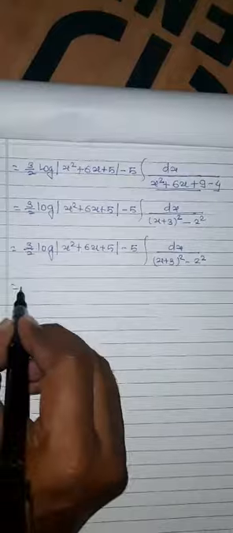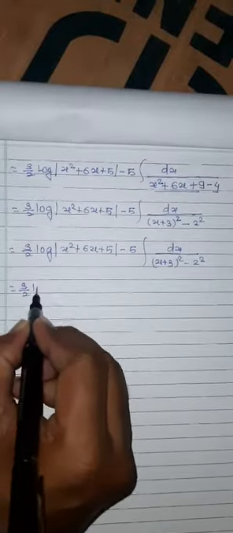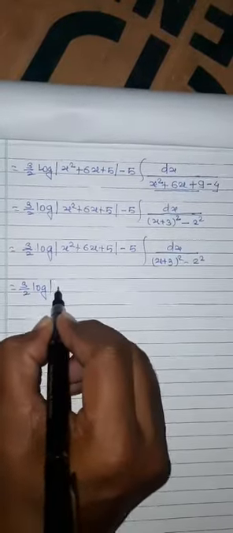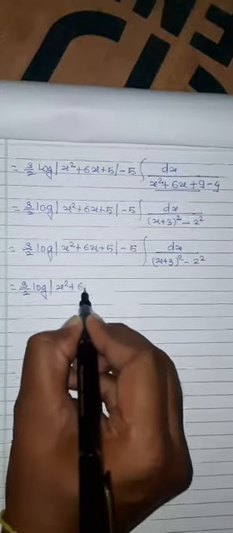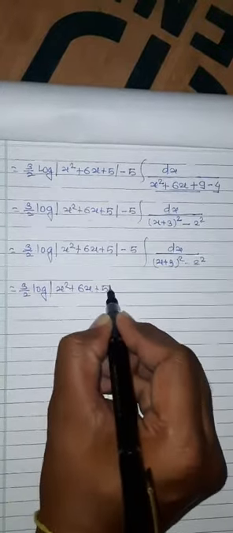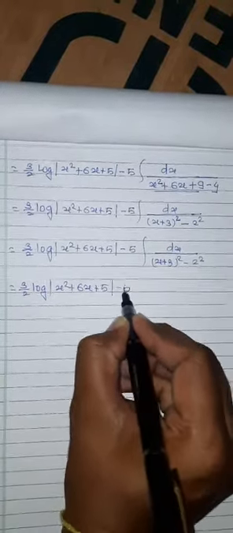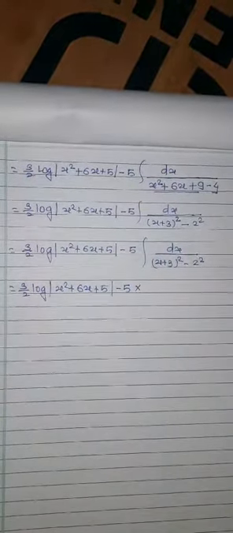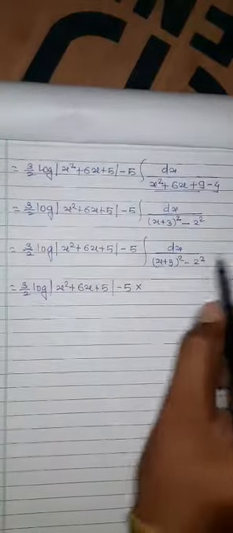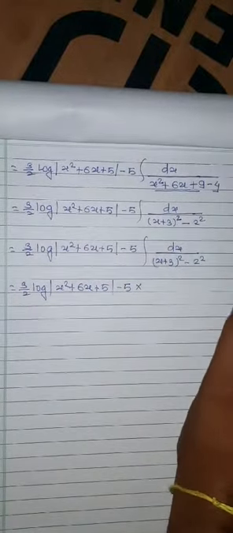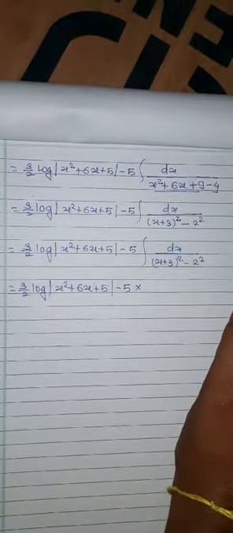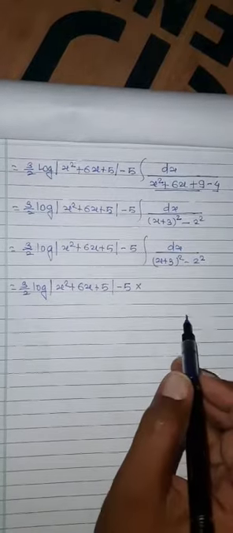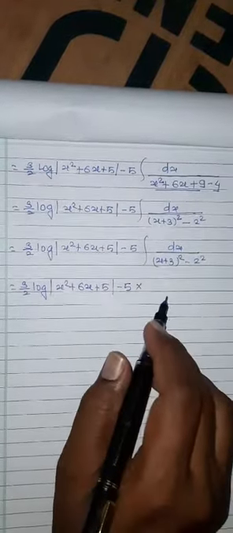Now again I write 3 by 2 log of magnitude of x square plus 6x plus 5 minus 5 multiplied by, how can it be written? The integration of this is nothing but 1 upon twice a, log of x minus a upon x plus a.